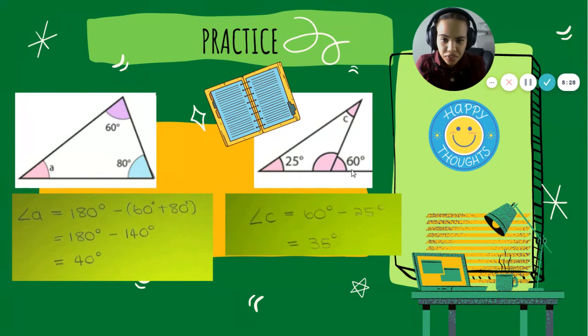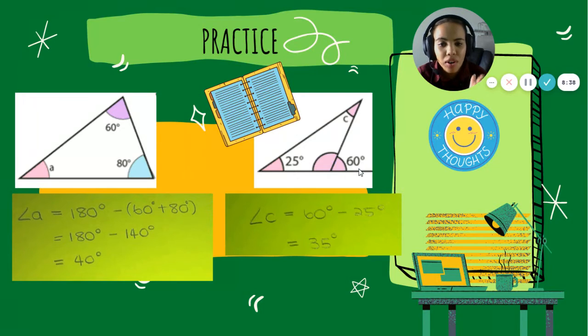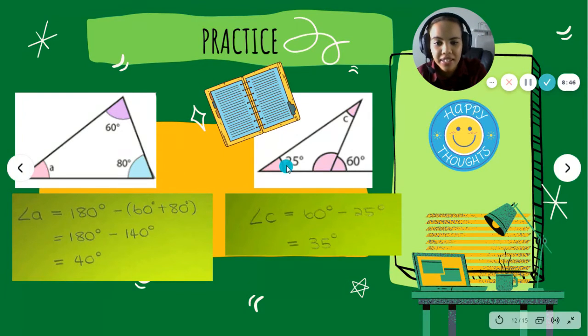You don't have to do it this way, but this is an easy way. So the external angle is 60 degrees. If I want to find one of the opposite internal angles, I can say 60 degrees minus 25 gives me that one. So these two add up to the 60.